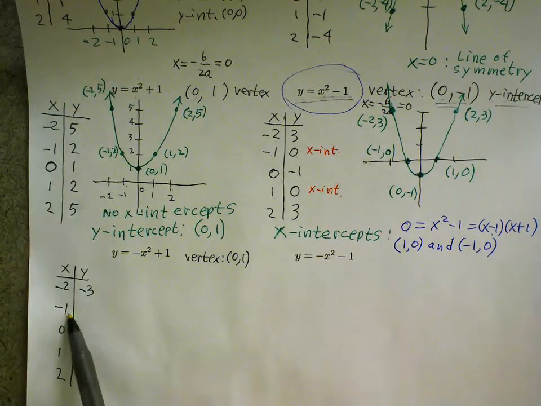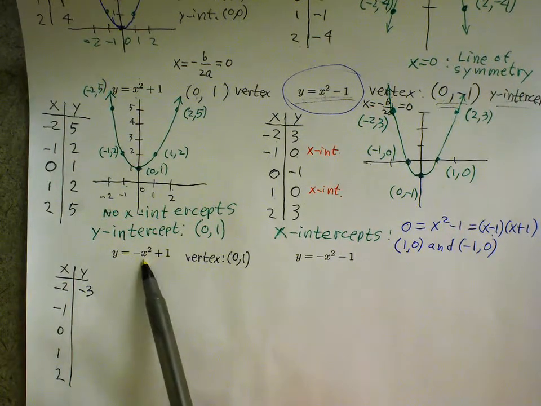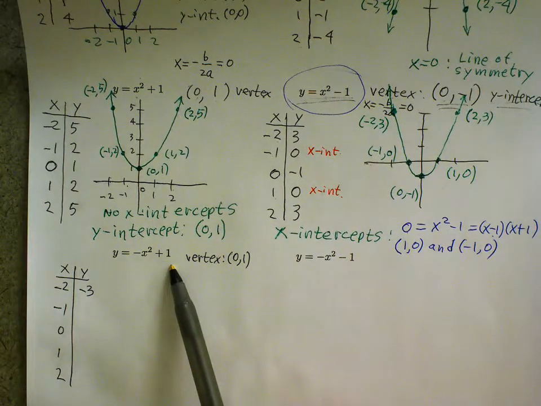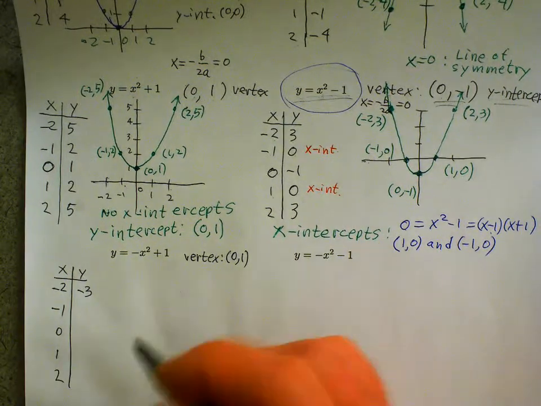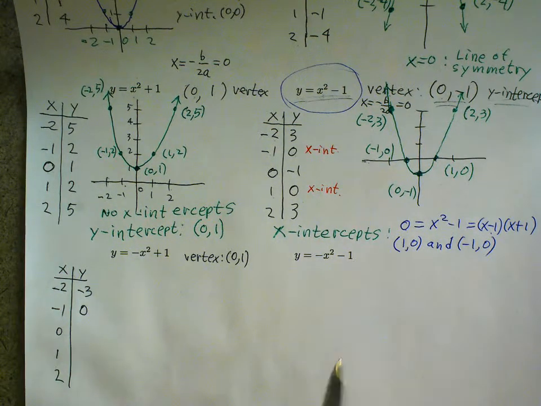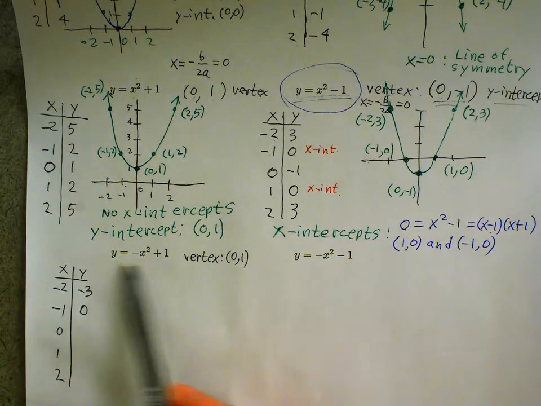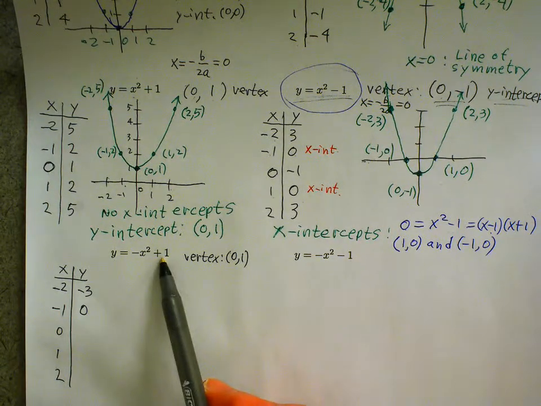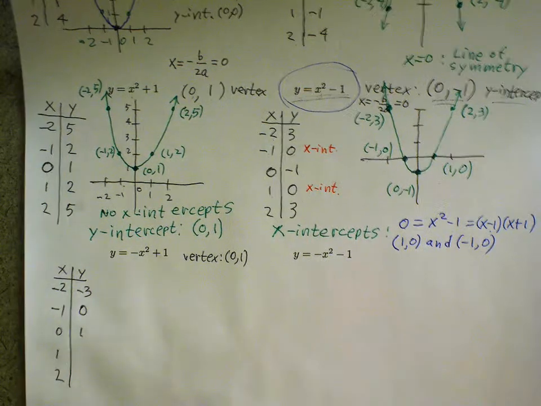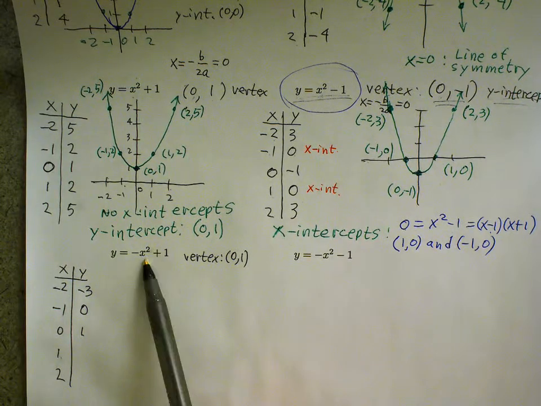Then when x is negative 1, the negative of the number negative 1 squared is negative 1. Negative 1 plus 1 is 0. When x is 0, y is 1. When x is positive 1, the negative of 1 squared is negative 1.